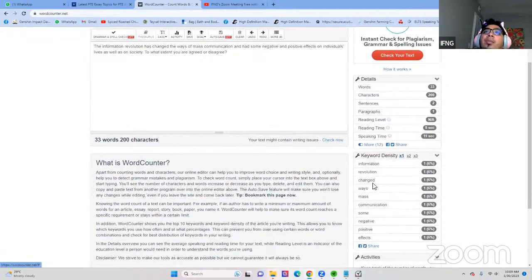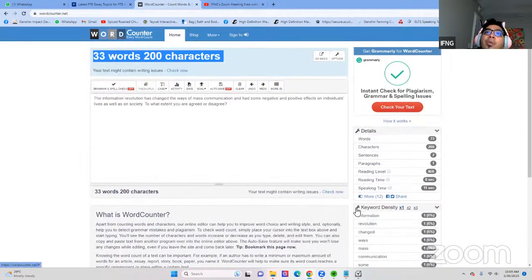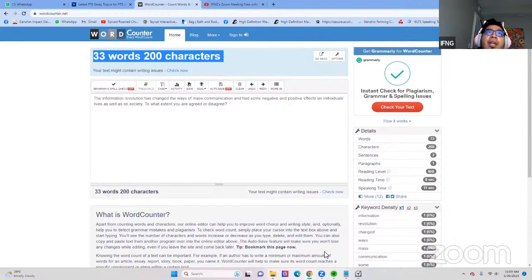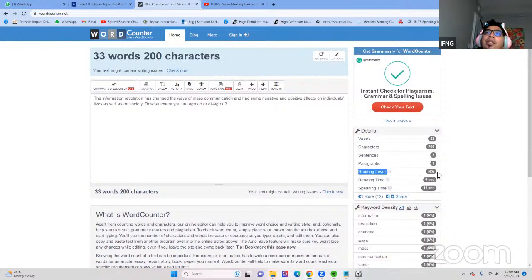Word density is important also, because it can help prompt you in delving deep into your minds on how to better your lexical resource or vocabulary range, right?